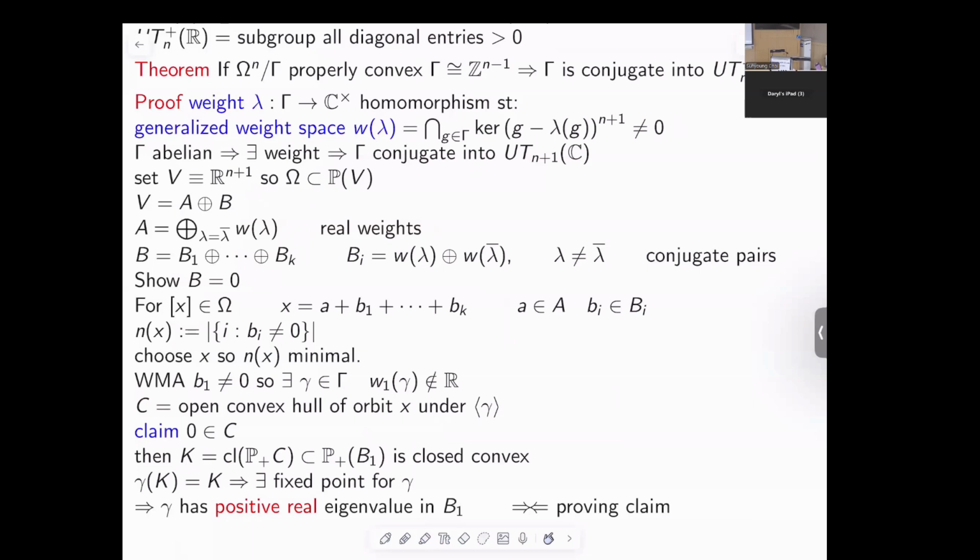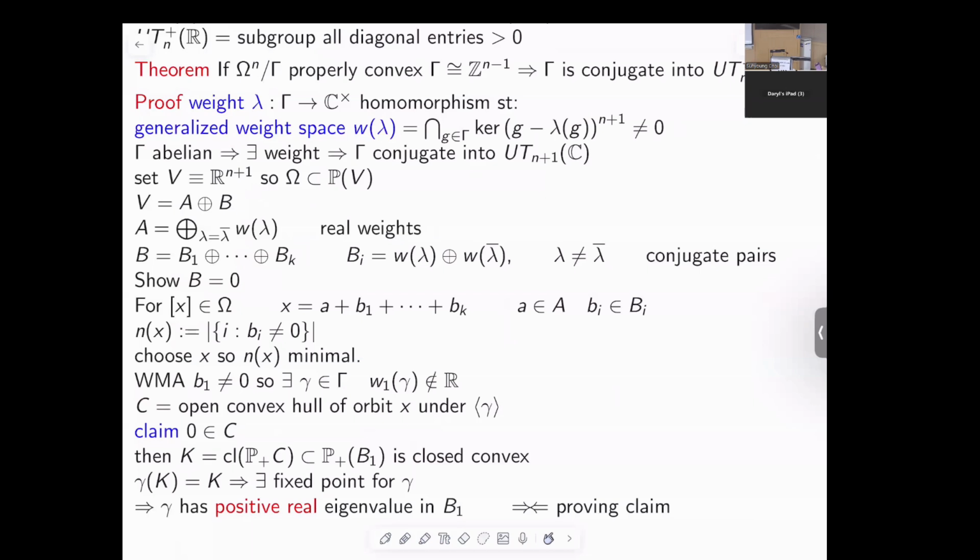And we want to show that there aren't any of this latter form. For the generalized weight spaces where the weights aren't real, we can combine the weight space for a complex weight and its complex conjugate and get a decomposition of V into real vector spaces corresponding to real weights and pairs of complex conjugate weights.